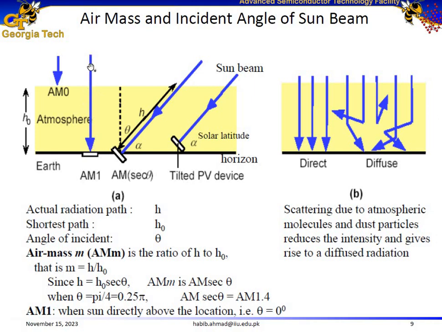The air mass is calculated using a simple formula: air mass equals secant of theta, and the angle over here is 0. So air mass is secant of 0, which is air mass 1. This represents air mass 1 when light passes through the atmosphere at 0 degrees solar zenith angle.